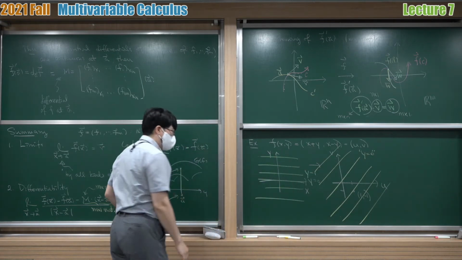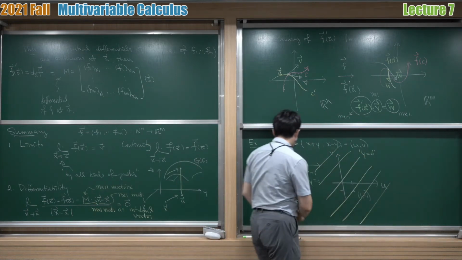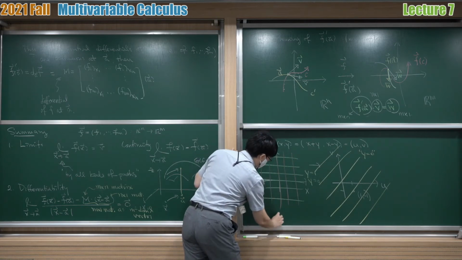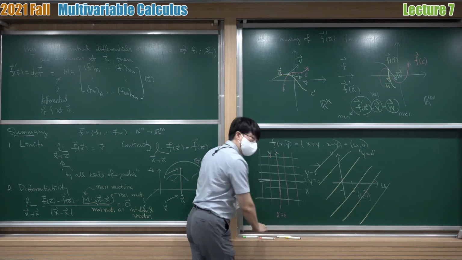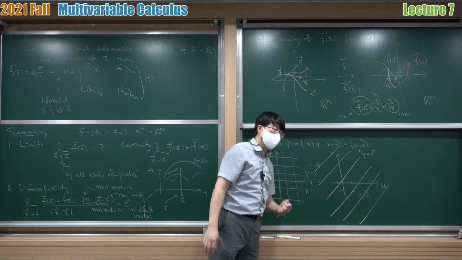What happens when I take the vertical lines in the domain space? Like this. So let's suppose that I take x equals 0. What's the corresponding line in the target space?